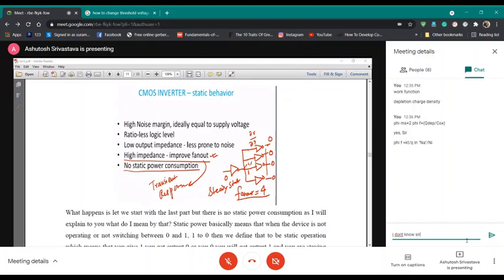Is there a difference, say in saturation condition? Any parameter which differentiates PMOS with respect to NMOS?